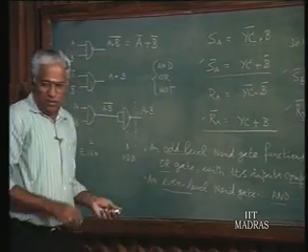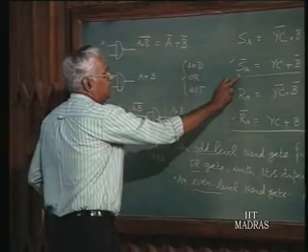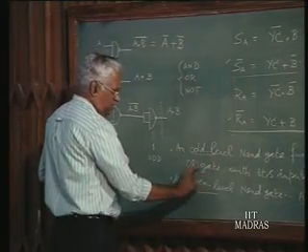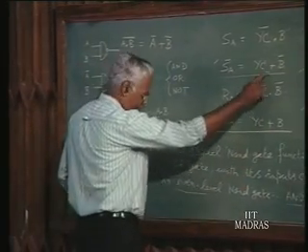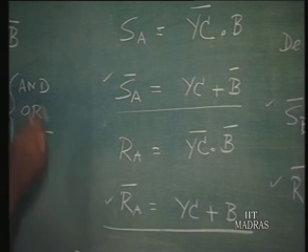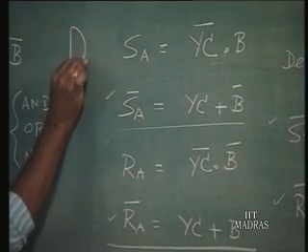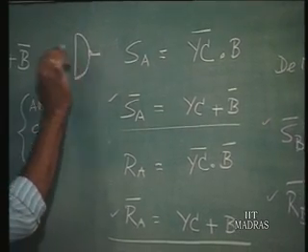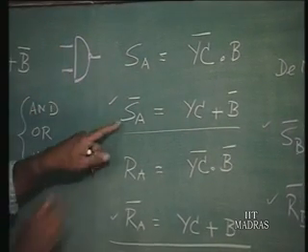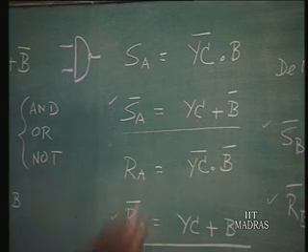We will do this for SA bar alone. What did we see? We want the OR function, we just need an odd level, which means one gate will do. If you have one NAND gate, we want the output SA bar, which is YC or B bar.